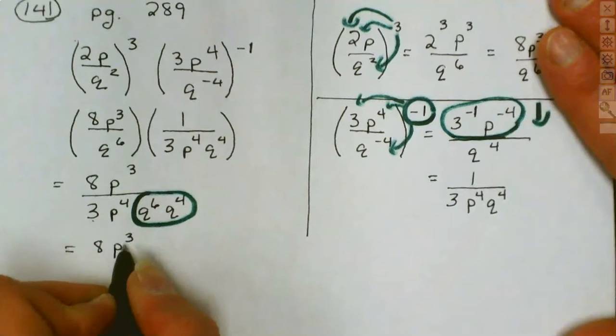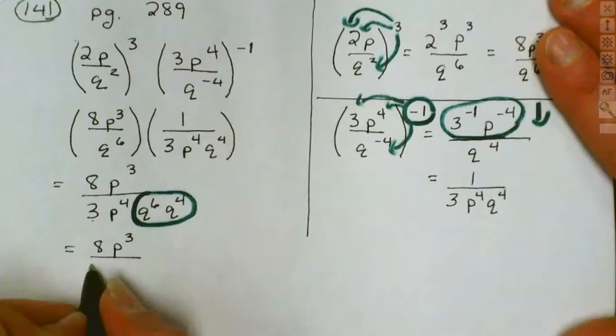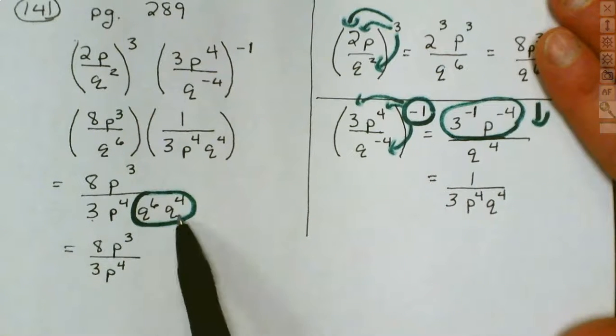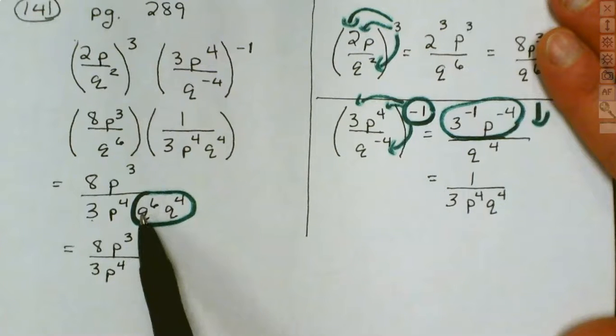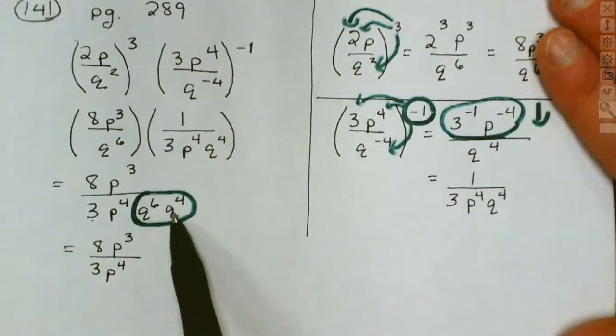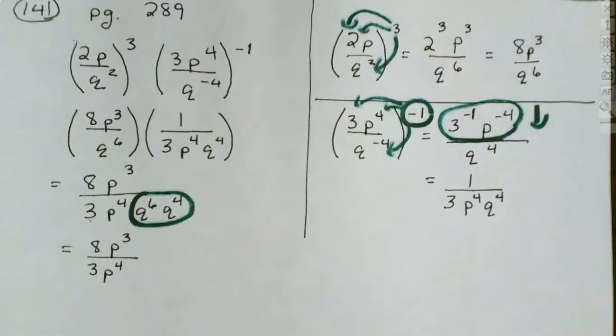What do we know about the q's down below? These have the same base. They're both below. Are there any parentheses around these? No. So are the exponents going to multiply, do you think, or add together? Well, when do we multiply? We multiply when we have parentheses. Do we have parentheses around these at all?